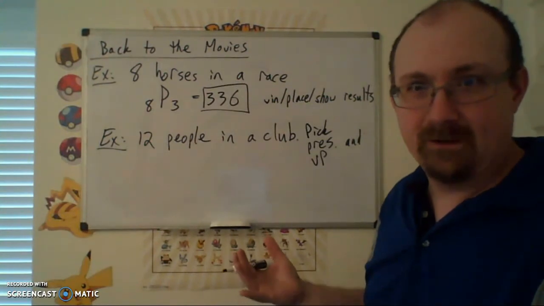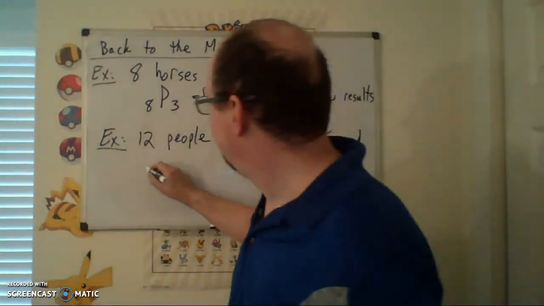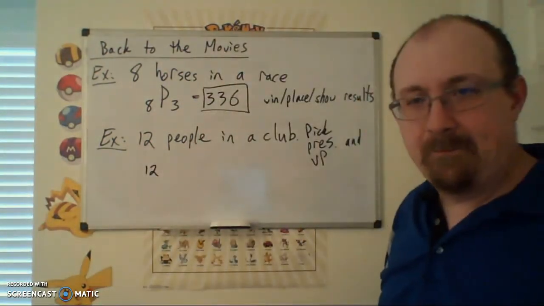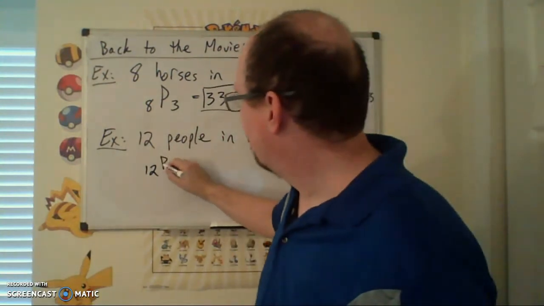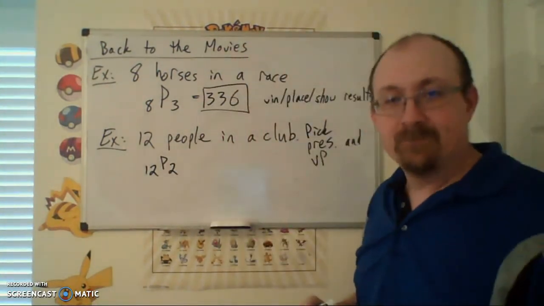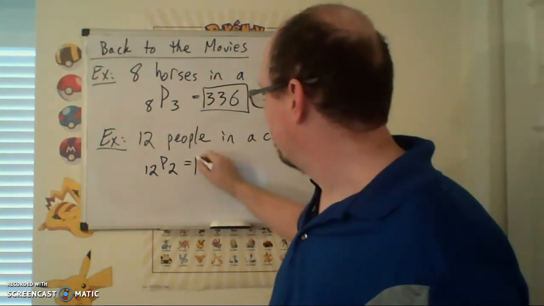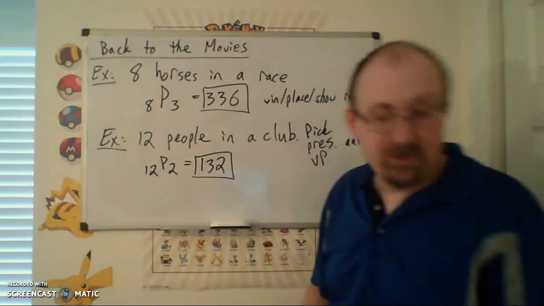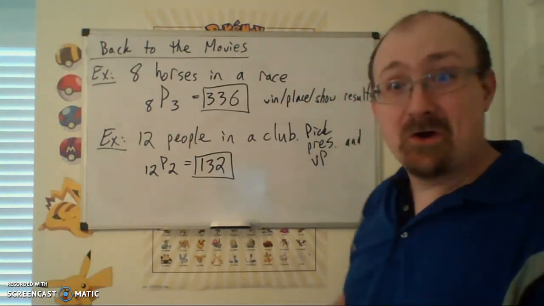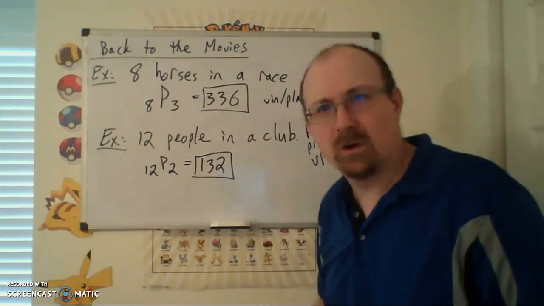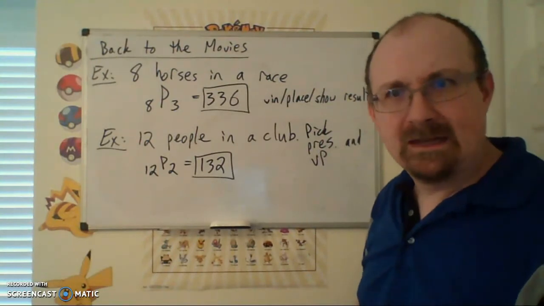When all you've got is a hammer, everything looks like a nail. So we've got 12 people from whom to choose, and 2 spots to fill. So 12P2. If you work that out, and you would get the same result using the counting principle, you get 132 different ways the organization could pick its leading officers.